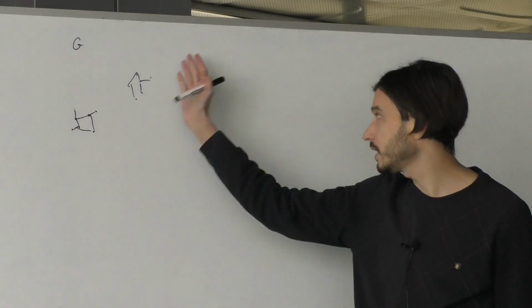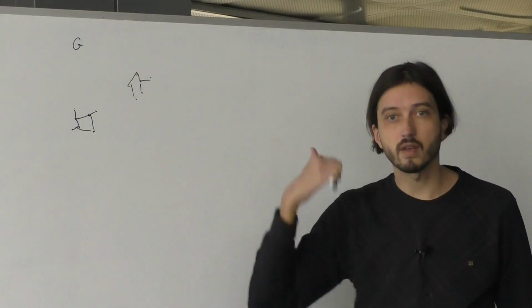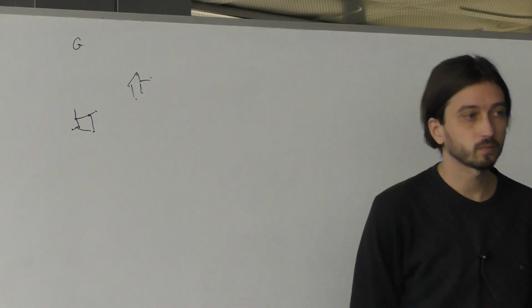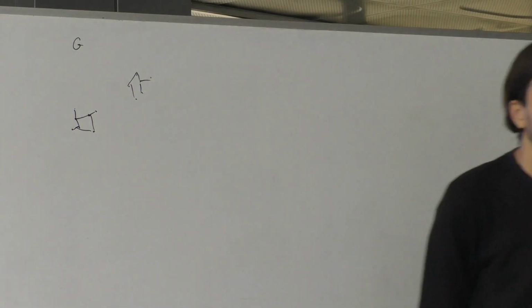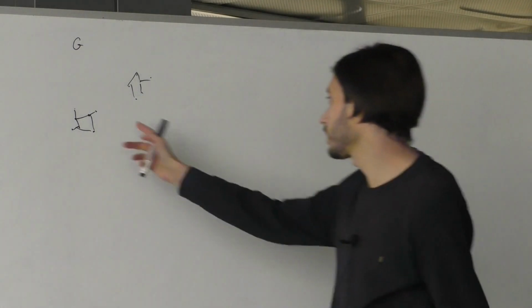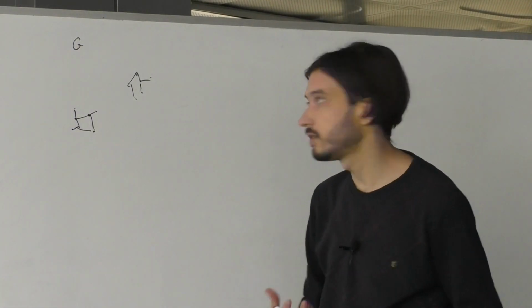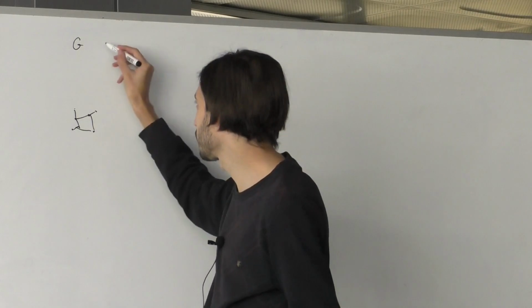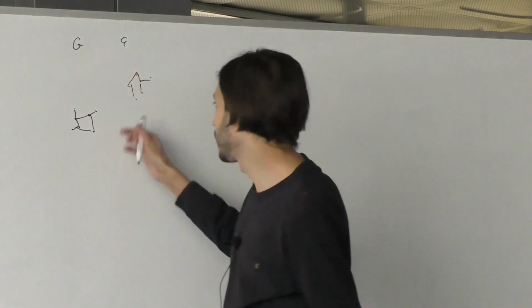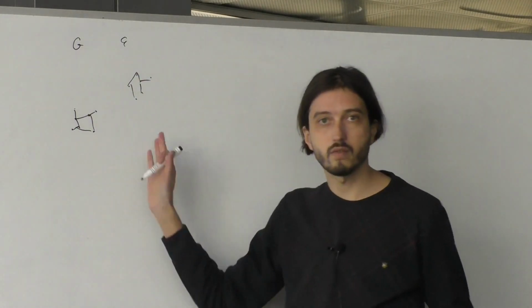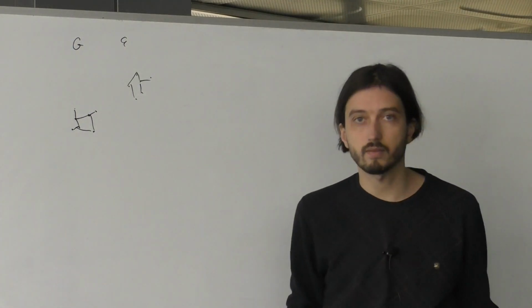So you have some data points, you want a graph out of there. So what do you do? Yes, you can connect all points that are closer than some distance. You can define some distance epsilon, for example, and you can connect everything that is closer than that epsilon, and you will get a graph.